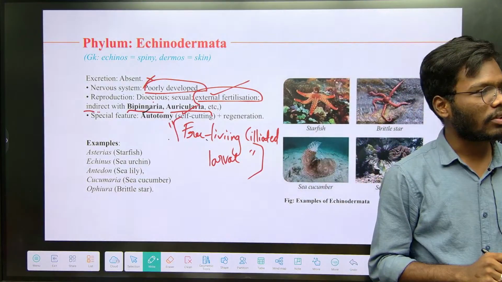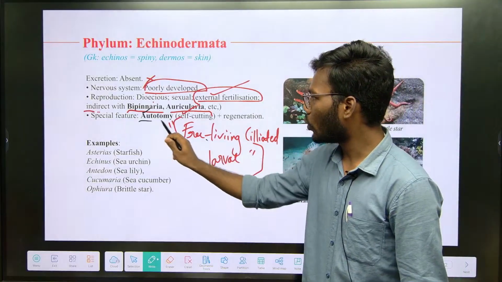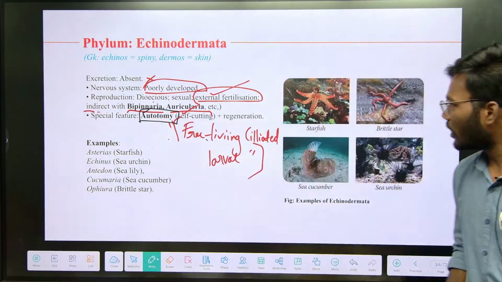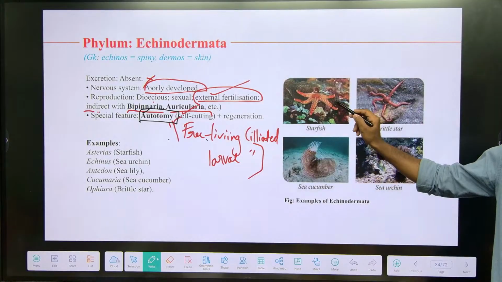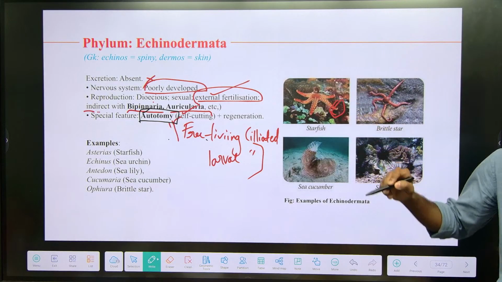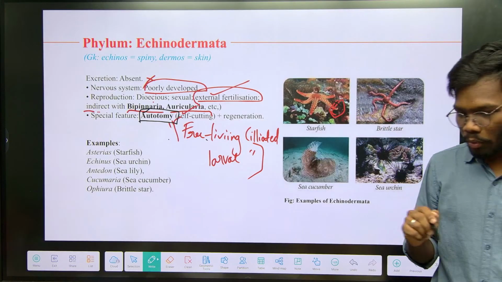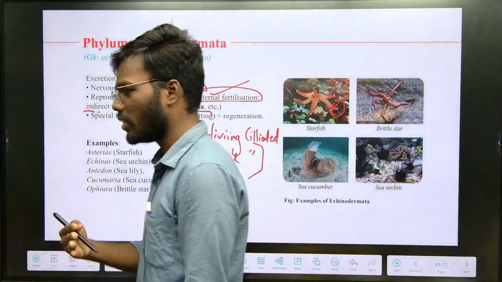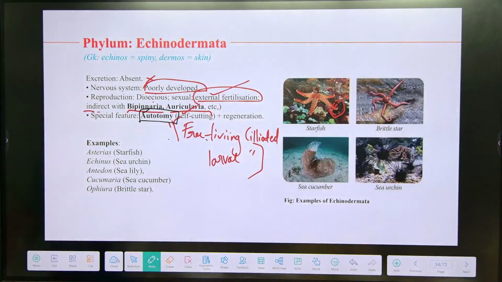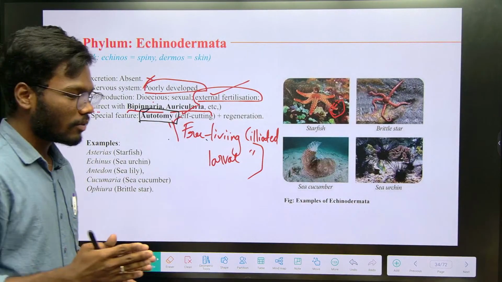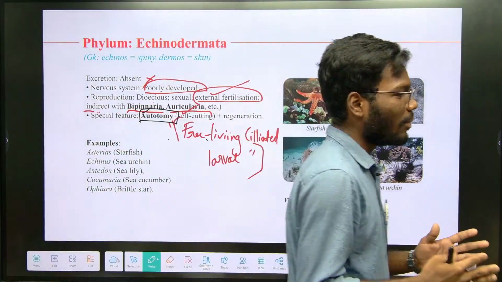And the very special characteristic feature is autotomy, which is called self cutting. For example, if you cut a small portion of a starfish, it will regenerate automatically, right? One point I remember, highest regeneration capacity is in planaria, right? Every phylum has some regeneration capacity.